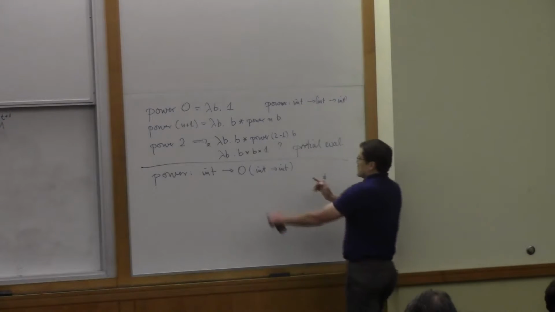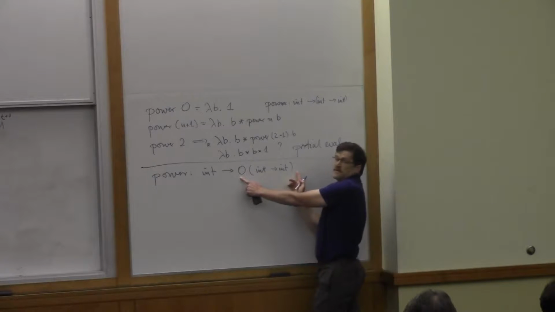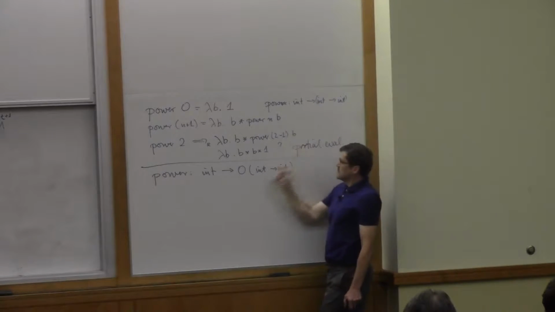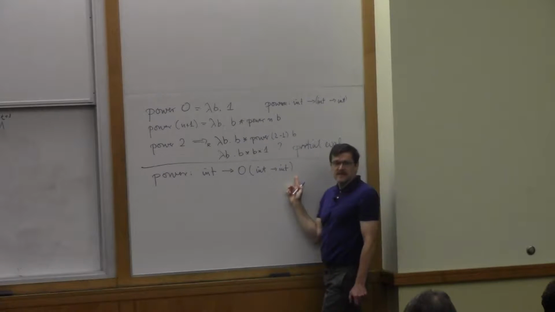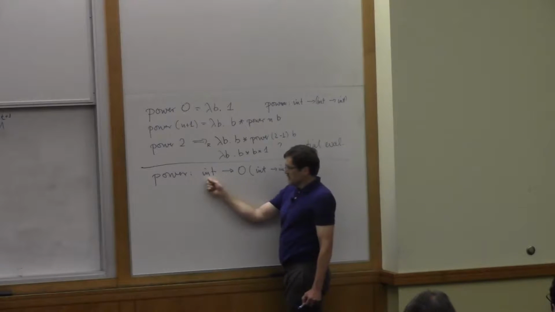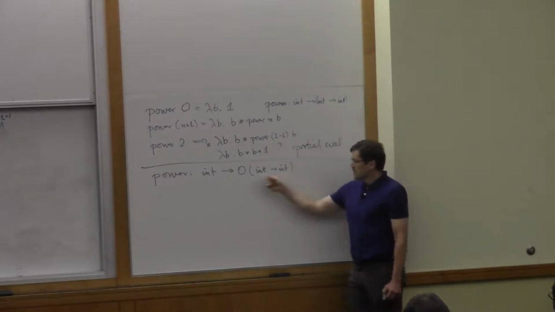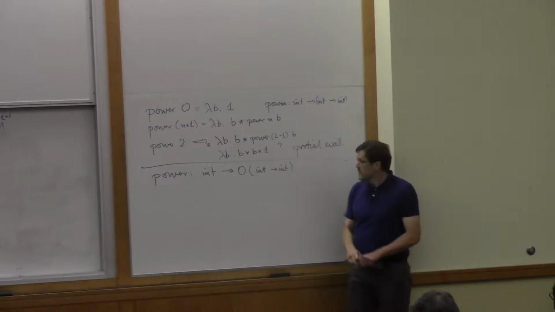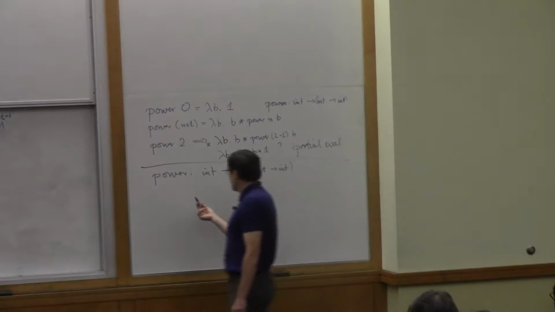And this is the residual piece of code that I want to return. So I'm not just returning a function, but I'm actually returning something that can be evaluated in the future. So I'm saying explicitly there are 2 stages of computation. Stage 0 where I give an integer, and then stage 1 where I get back a function, which is my residual function. So how could I write this in my language?